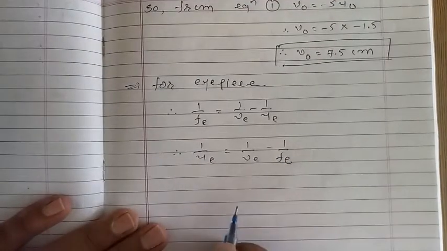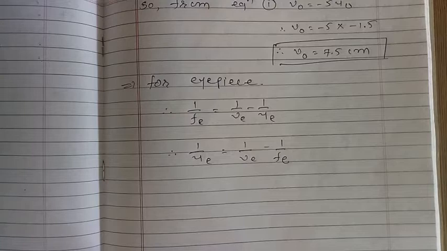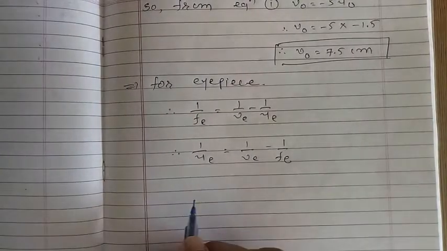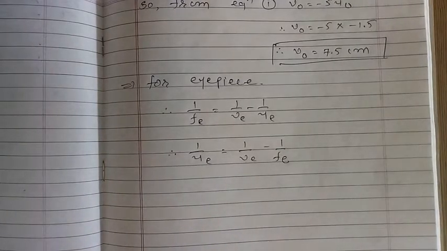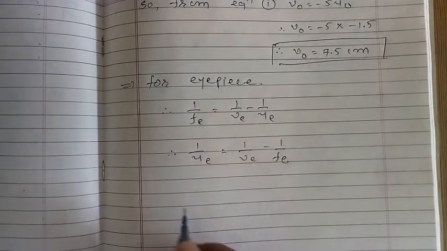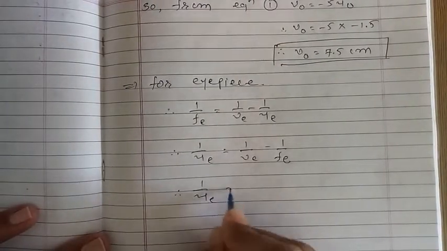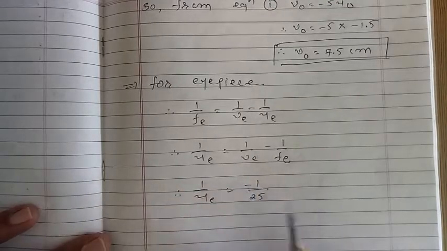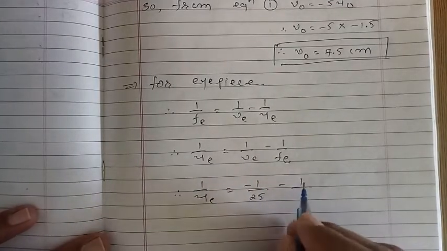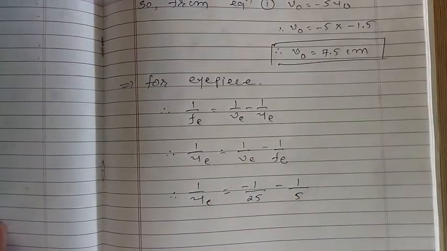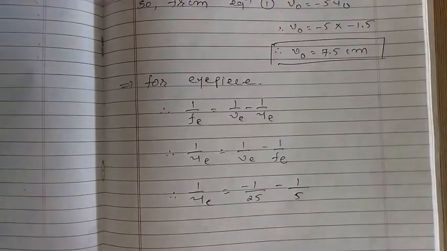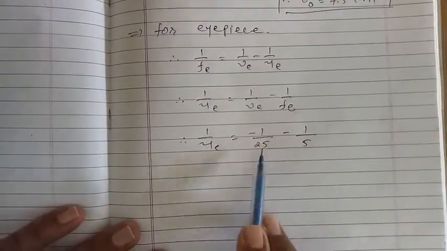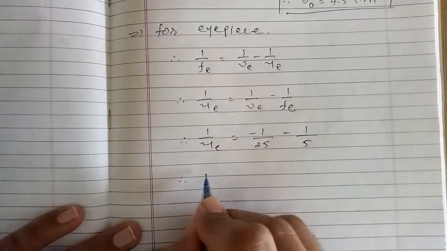Now we know that here the image occurs at the near point and the value of near point is 25, but the image is left hand side, so we have to take VE minus 25, right? So 1 upon UE is equals to 1 upon 25, but minus 1 upon value of FE 5, right? See here, FE 5, right? So now we have to take the LCM 25 5, which is 25.